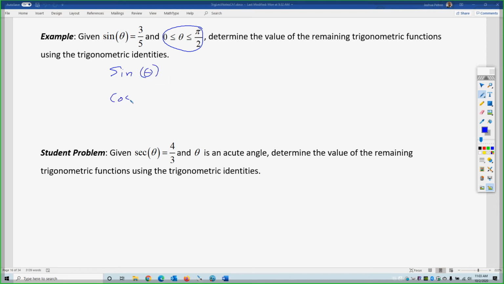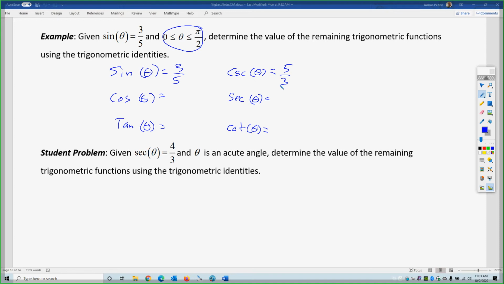Sine, cosine, tangent, cosecant, secant, cotangent. So I was given the sine, which is 3/5, so I can use the reciprocal identity to get 5/3 here. So the other identities, tangent requires two functions, which I don't have. So I need to default to the Pythagorean identities.